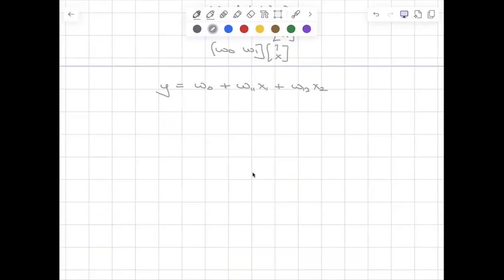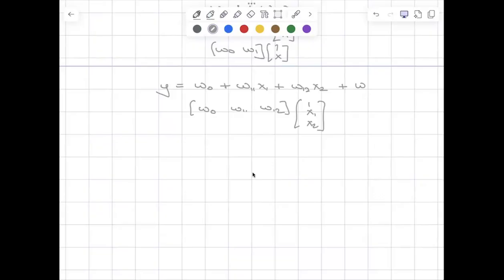And this will basically be the dot product of (W0, W11, W12) with (1, x1, x2).